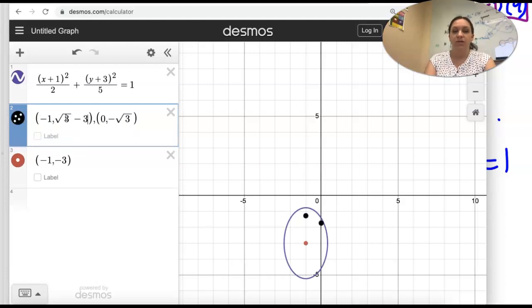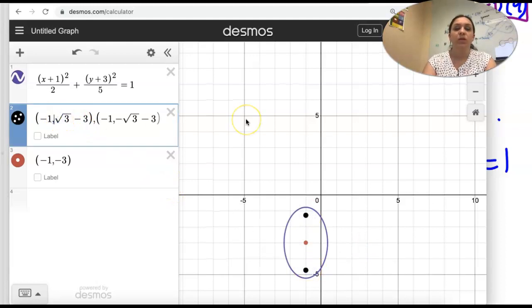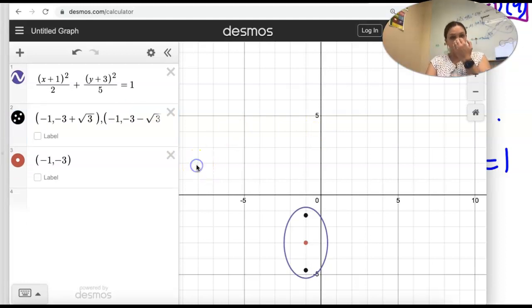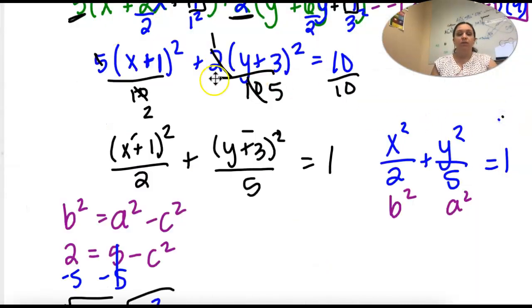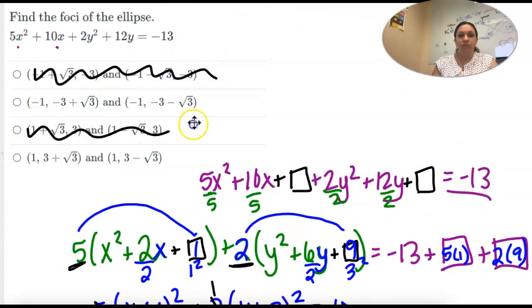And then down 3 is the y-axis. Back 1, down 3. See how they moved? So just remember, we usually write that integer before. So that will be -3 here. There we go. So our foci, the x value is -1. Just -1. And then there's our square root of 3 with the -3 on both of them.